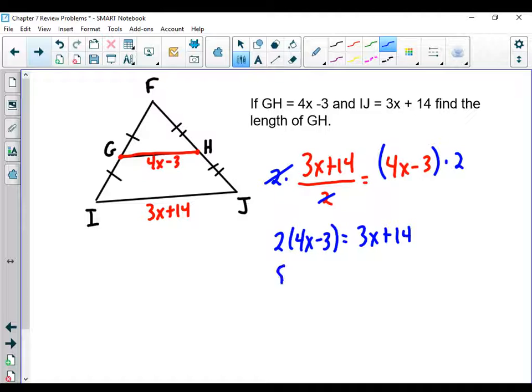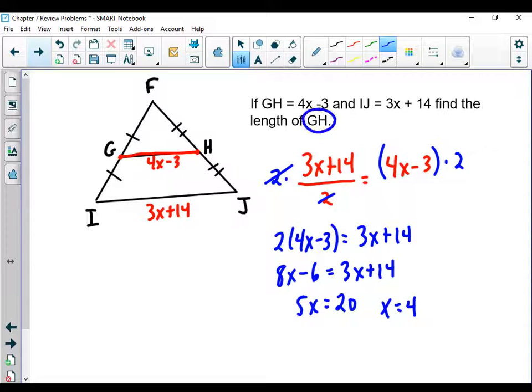So we're going to distribute maybe. Subtract 3x, add 6, and I find out that x is equal to 4. But remember, they asked for the length of GH. So I've got to plug that in. Well, if I plug in 4, I get 4 times 4 or 16, minus 3, the length of GH should be 13.